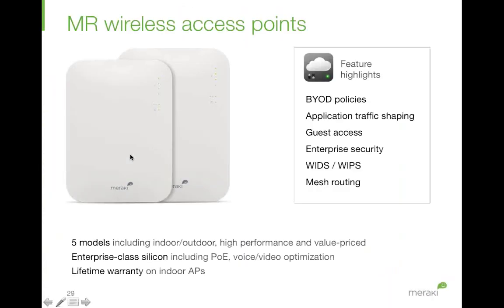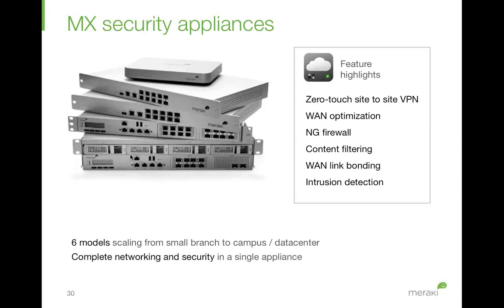So just very quickly, for those of you who may not know, we do have indoor and outdoor models of our access points. We do have a lifetime warranty on all of our indoor APs. So all the features that you see here on the right, guest access, enterprise security, we have integrated wireless intrusion protection through our Air Marshal feature. All of that's included in a license. You just get an access point, you get a license, and you get all the things that you saw here today that were demoed.